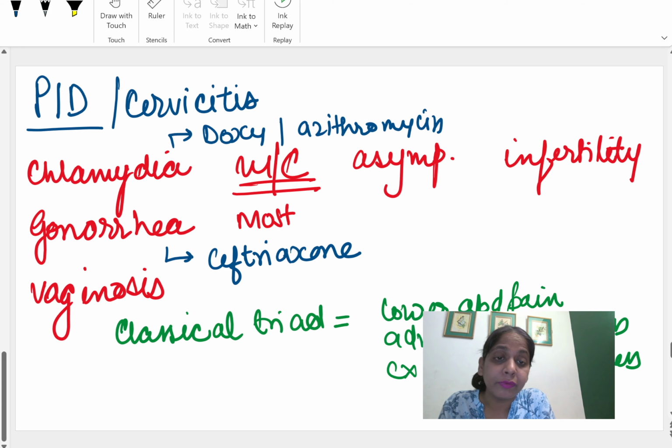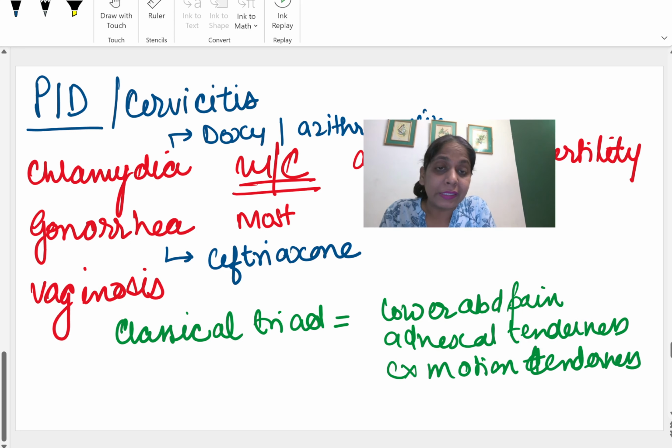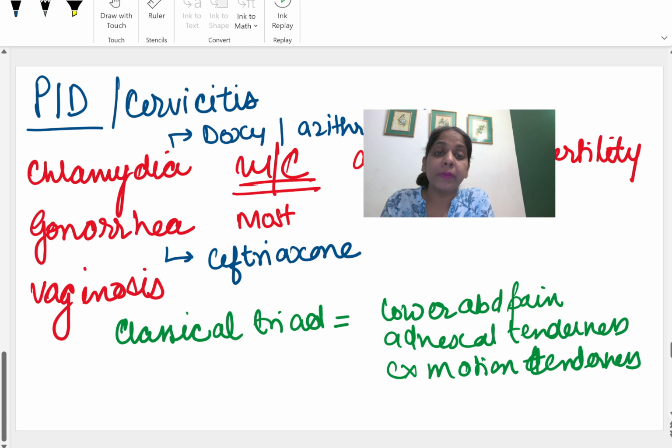The triad which a patient of PID will present with will be lower abdominal pain, adnexal tenderness, and cervical motion tenderness, because in PID the cervix is involved, the endometrial cavity is involved, the fallopian tube is involved.